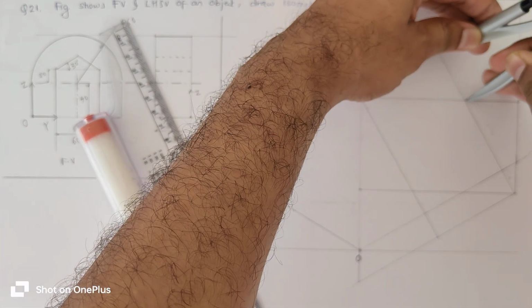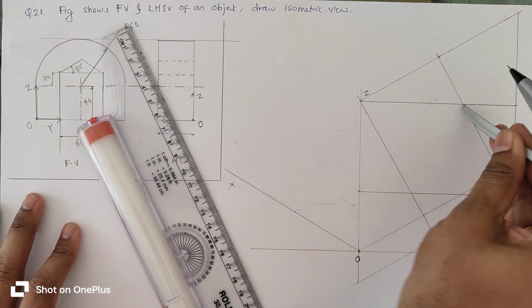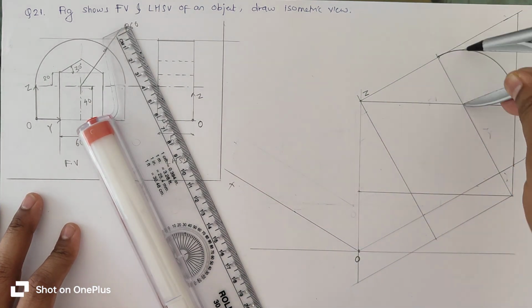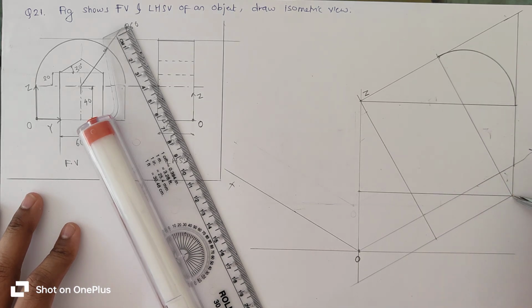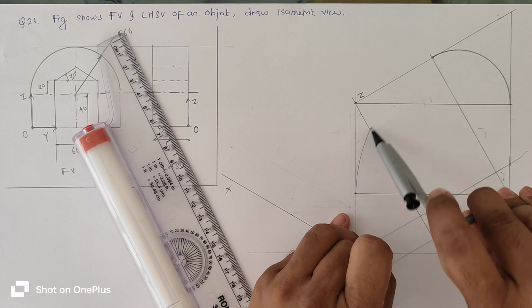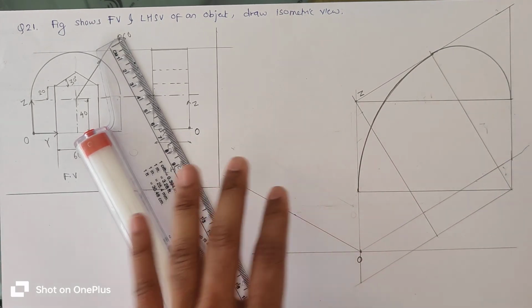For that this is radius and draw this curve, the 1/4 part of circle, and considering this center and this is radius, draw arc. This is semicircle.